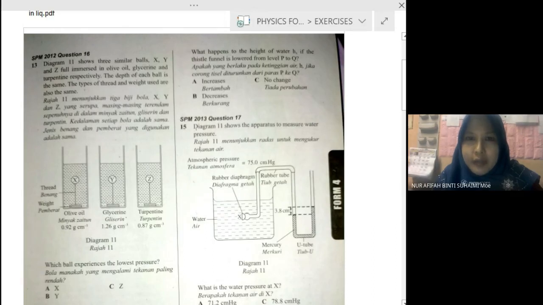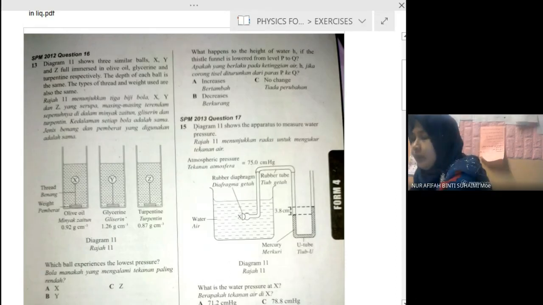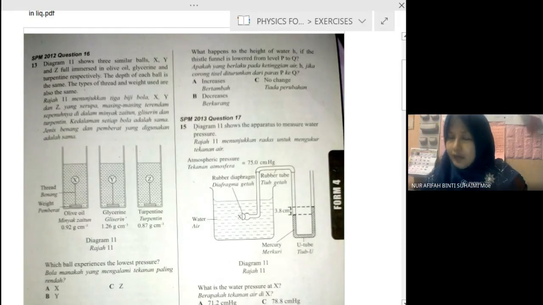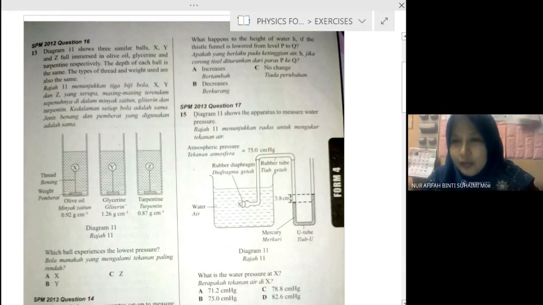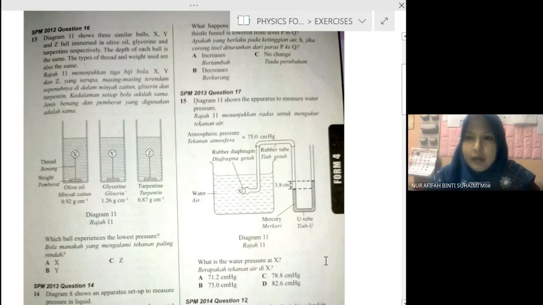So the question is, which ball experiences the lowest pressure? Can you give the answer? Write it in the chat.